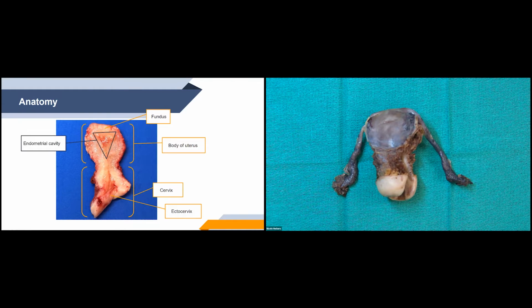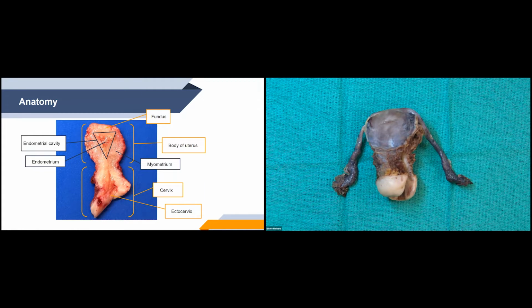So this triangular shaped area here is the endometrial cavity, and that houses the endometrium. The endometrium is the mucosal layer lining the uterine cavity, composed of endometrial glands and specialized stroma. Then we have the myometrium here, which is the muscular layer of the uterus composed primarily of smooth muscle.